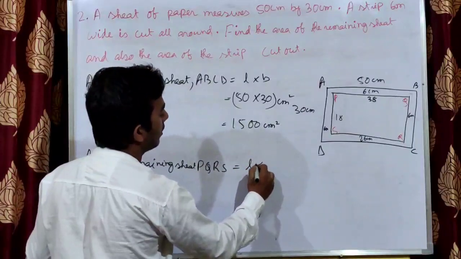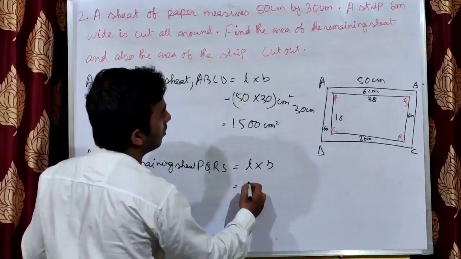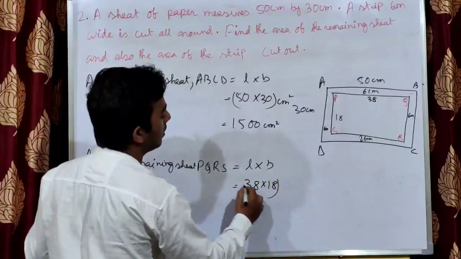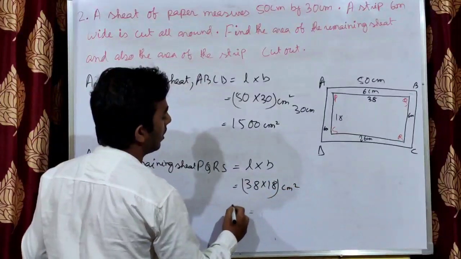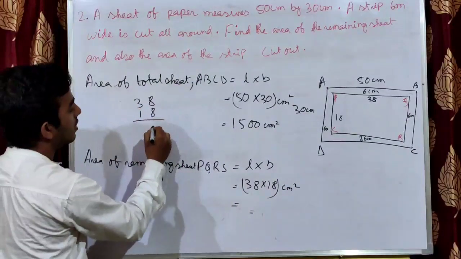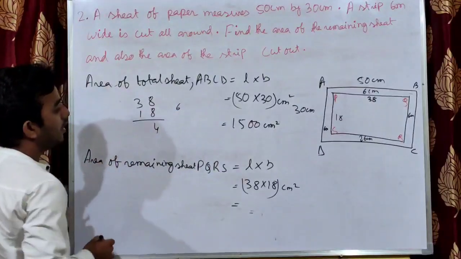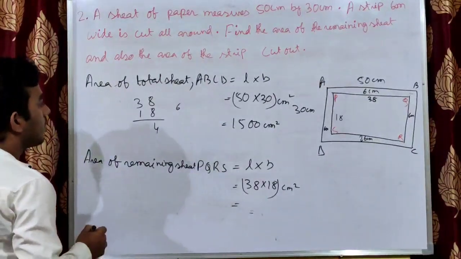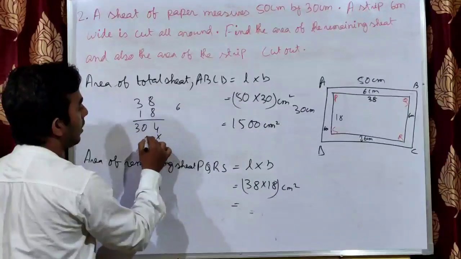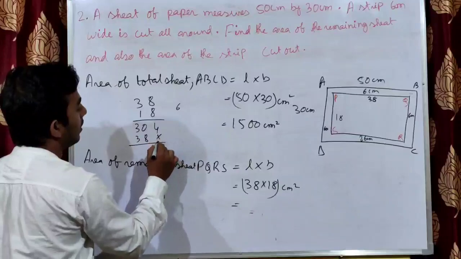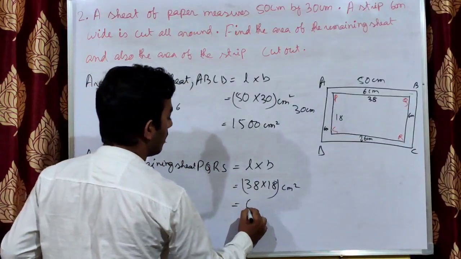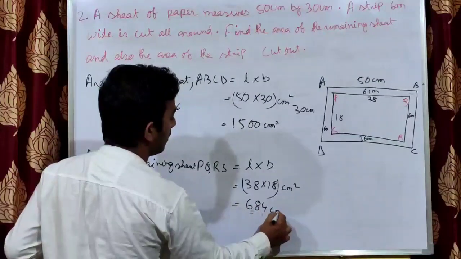It will also be length into breadth. So length is 38 into 18 centimeter square. If we multiply 38 with 18, 8 8s are 64, 6 carry, 8 3s are 24, 30, then 8 3 is 4, 8 6, 684 centimeter square.